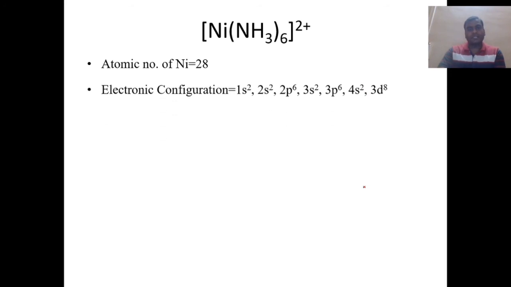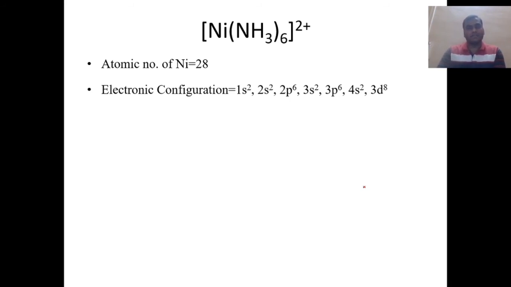So now again we will see another example, of nickel. The hexaamminenickel complex, with plus 2 oxidation state of the nickel in this complex. So we know the atomic number of nickel is 28. So its electronic configuration at the ground state is 1s2, 2s2, 2p6, 3s2, 3p6, 4s2, 3d8.